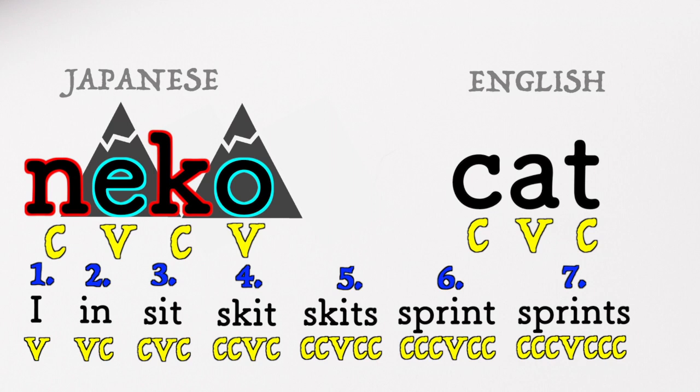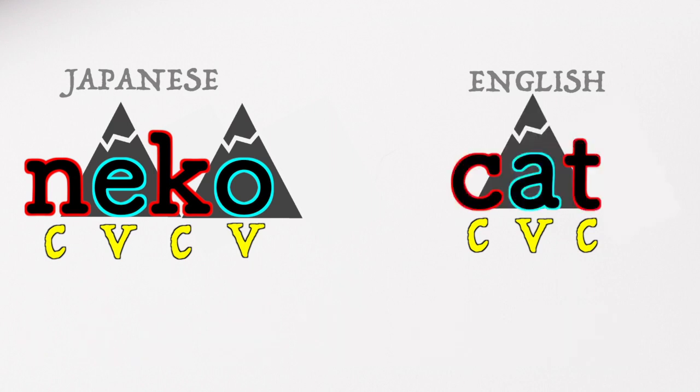Now, let's look at the English word cat. Cat is 1 syllable, 1 beat. C, V, C. And this type of syllable doesn't exist in Japanese. It is a closed syllable, CVC, ending with a t sound. English syllables like this are difficult for Japanese speakers.